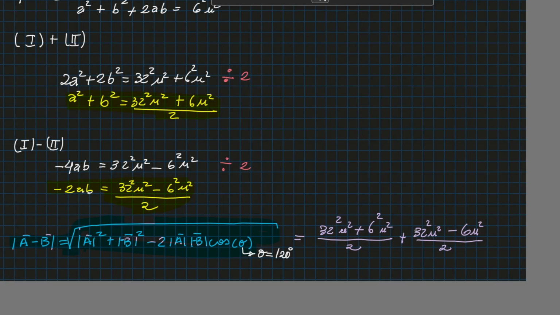And this is cosine of 120, which is negative, which means here will be a negative sign, and the value of cosine of 120 is equal to cosine of 60. So cosine of 60 degrees is 1/2, right? Yeah, 1/2, cosine of 60 degrees.